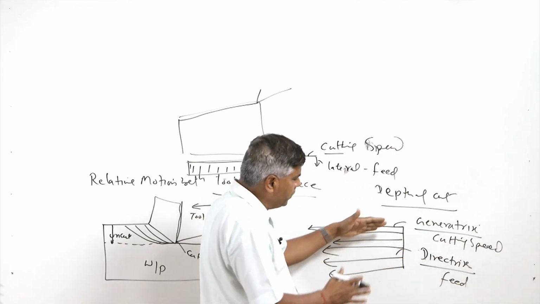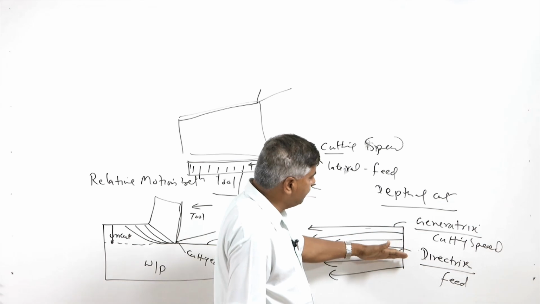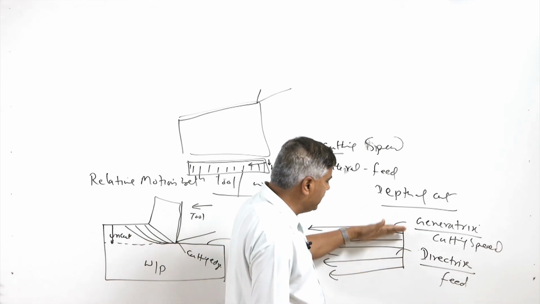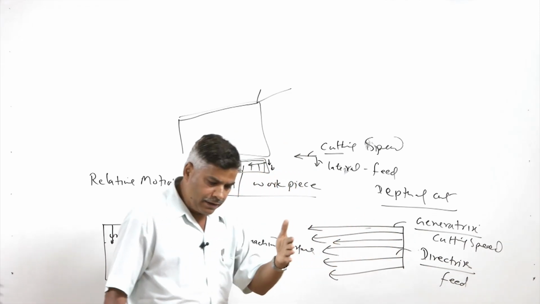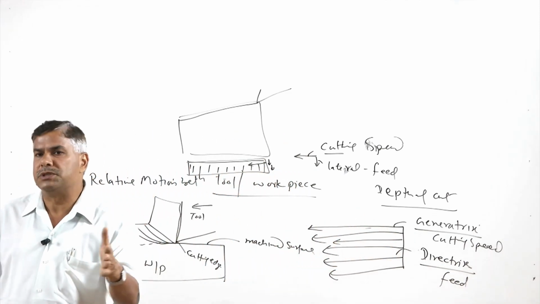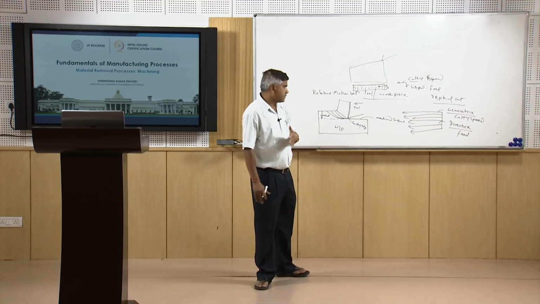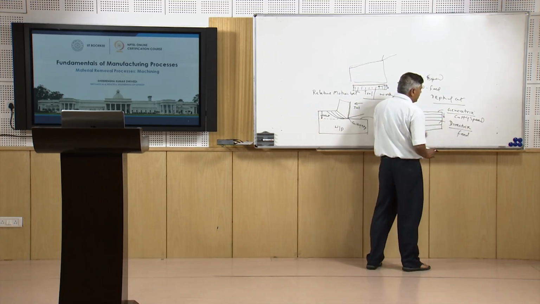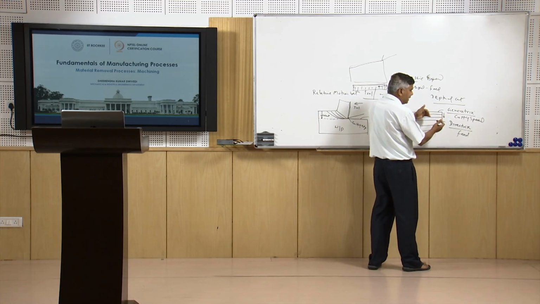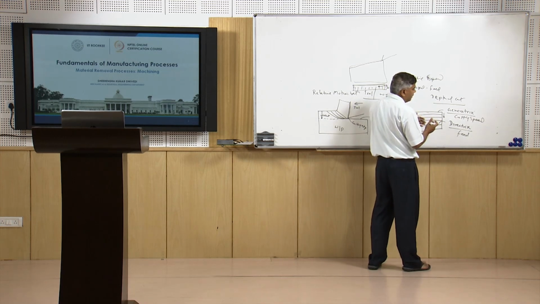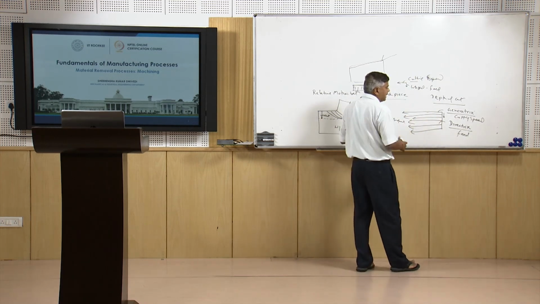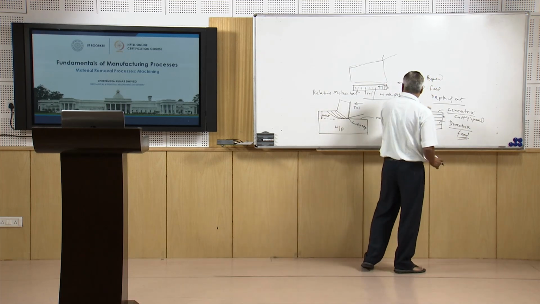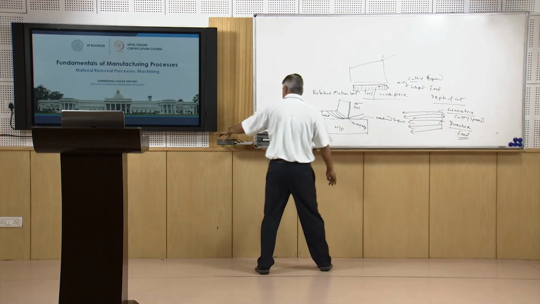Feed helps us to achieve the removal of the material from the other surface areas, from the lateral directions. The lateral movement of the tool, for the removal of the material from other areas, is the feed, and that helps to produce one flat surface in this case.